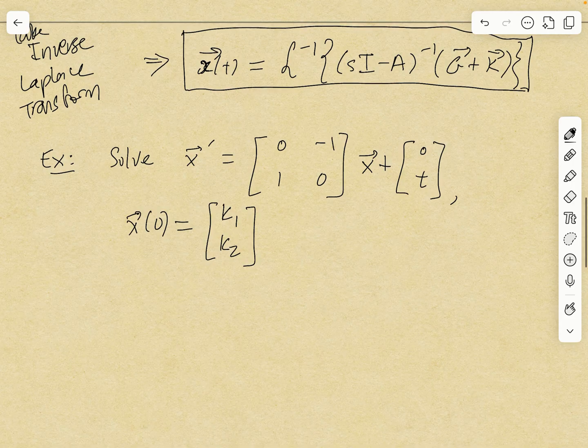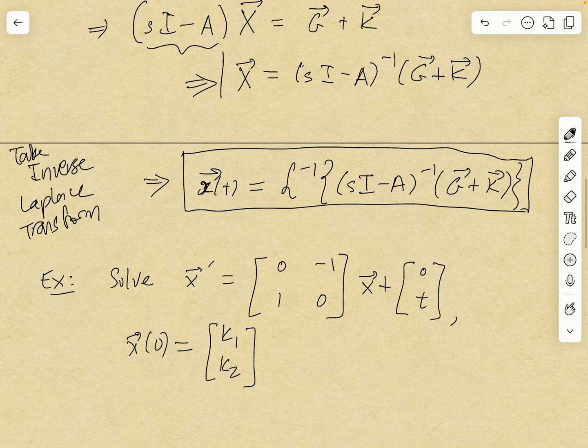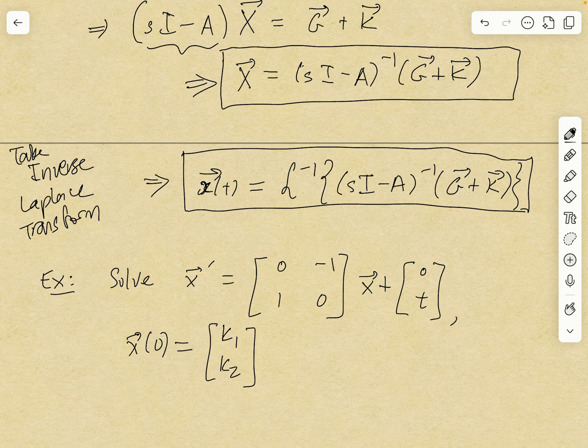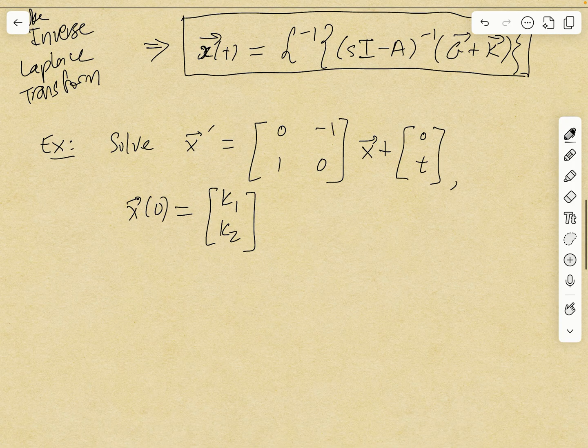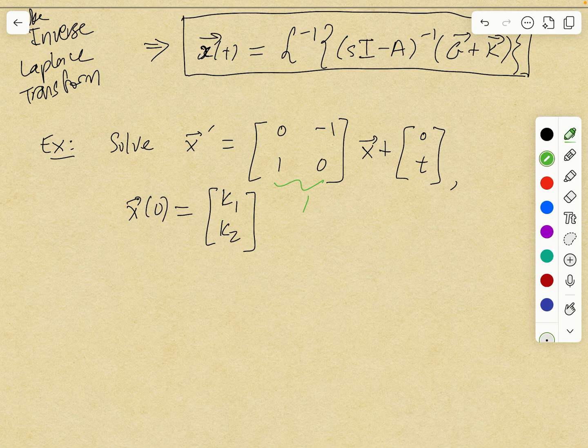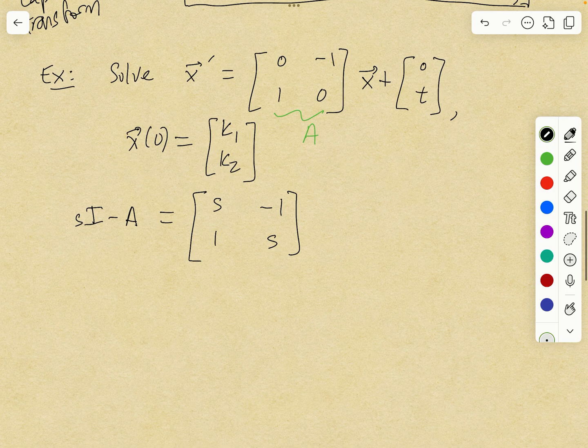Well, I have the formula for capital X. I need sI minus A inverse. This is my matrix A, so my sI minus A is going to be S on the diagonal, so I have S minus 0, and then minus 1, 1, S. So that's my sI minus A. Now I need to find sI minus A inverse, and I just use the formula for the inverse of a 2 by 2 matrix.